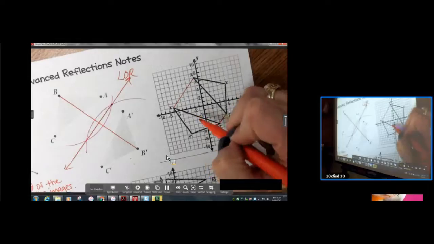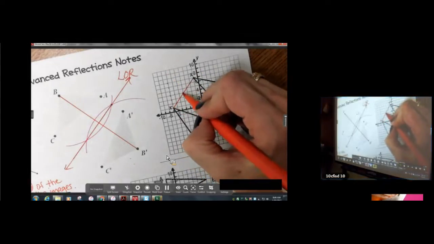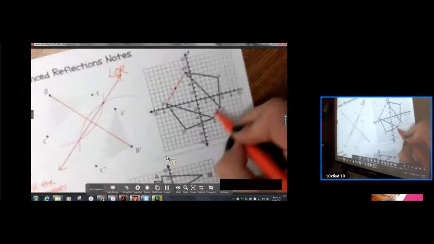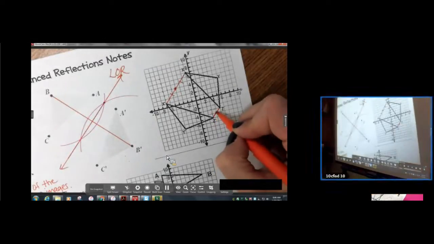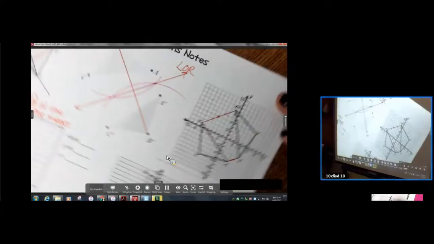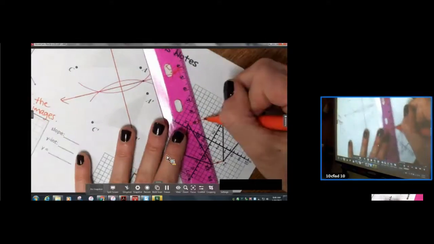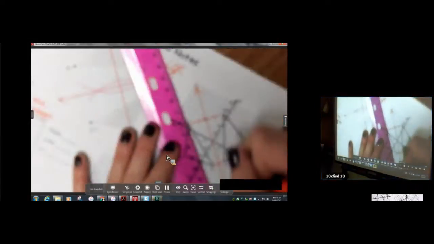So now I only have to go half of that. 1, 2, 3, and then I just go over till I meet my line. That is my midpoint. Z is a little bit easier. Rise 2, run 2. So I'm going to rise 1 and run 1. When I have two confirmed midpoints, I am done. I just have to connect them, and I have my for sure line of reflection.